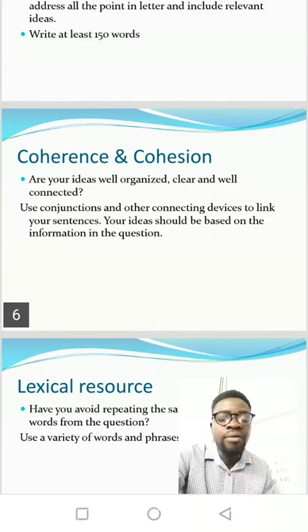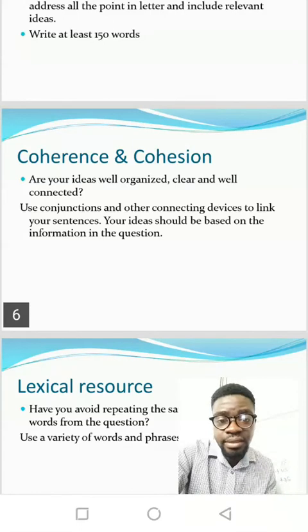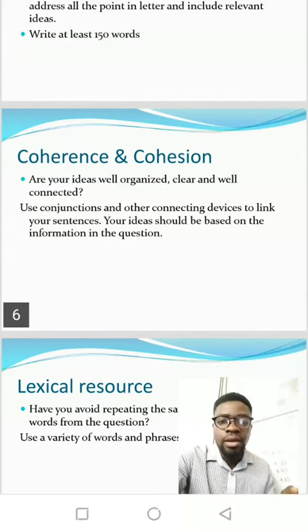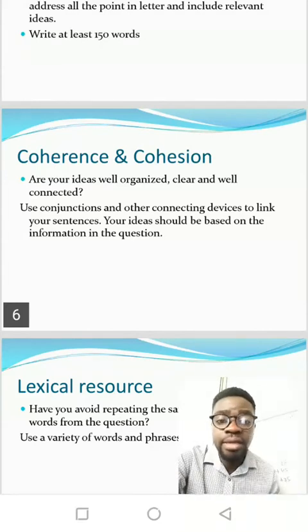Did you arrange your thoughts in a logical way so that your writing doesn't come out haphazardly? You should make meaning. How meaningful is this letter you're writing, how meaningful is your writing, and how organized is your writing. That is about coherence and cohesion.